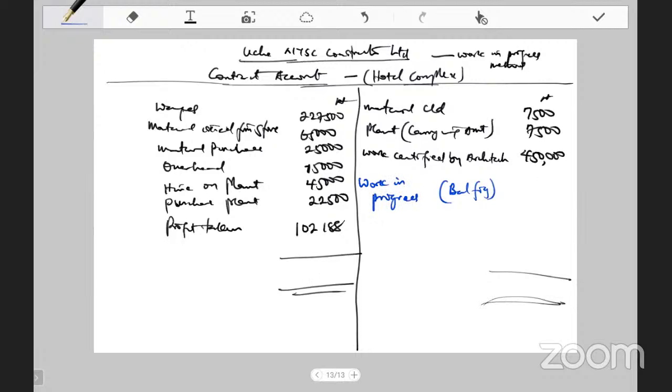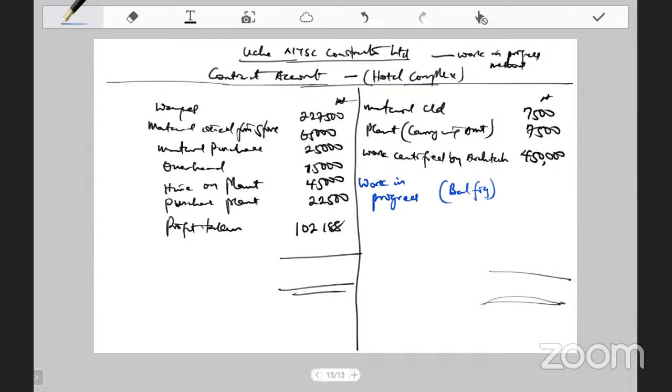What is the difference? Can you see how sweet account is? 502,188.